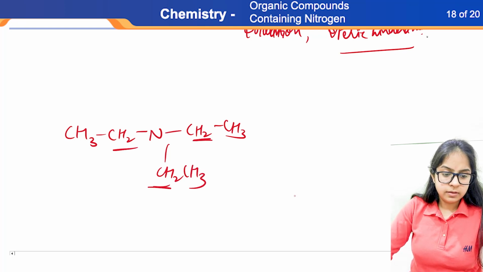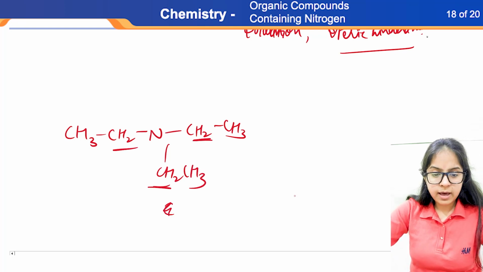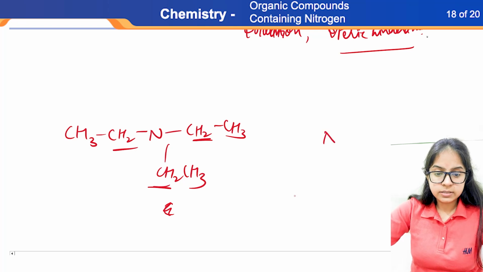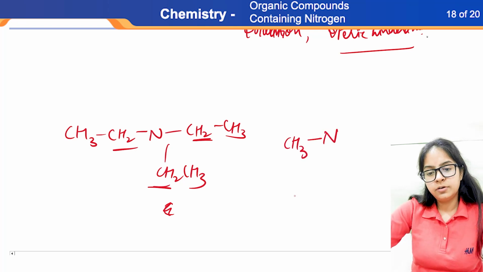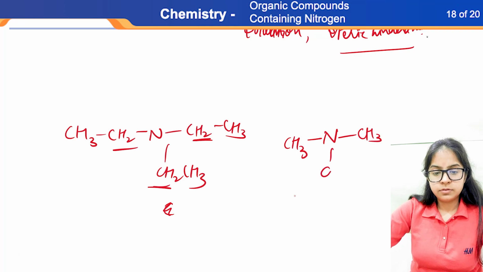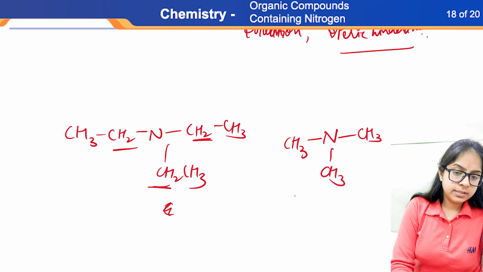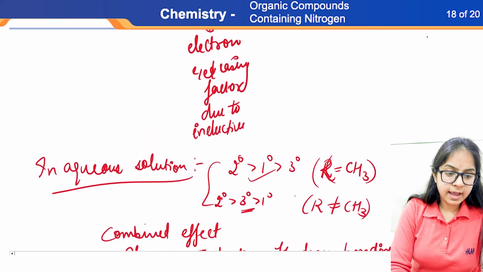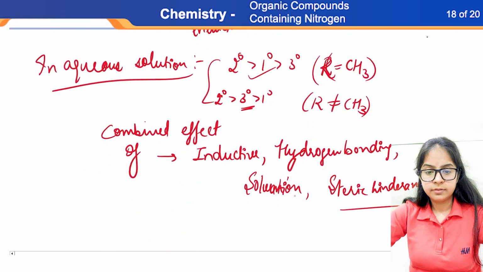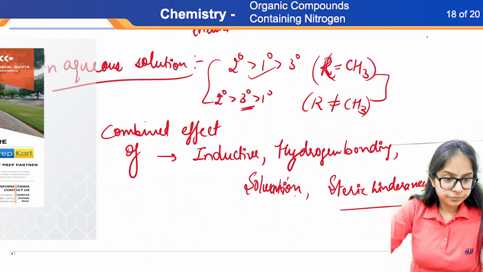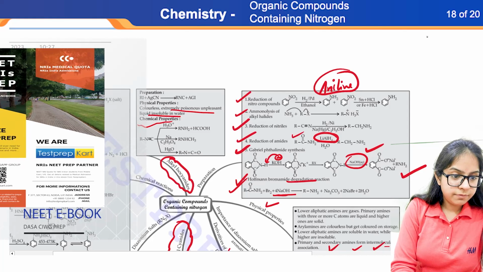But if R is equal to methyl, then it's difficult to have 3 hydrogens near nitrogen. That's why this is the order. You need to remember this is in aqueous solution. So this we have done.